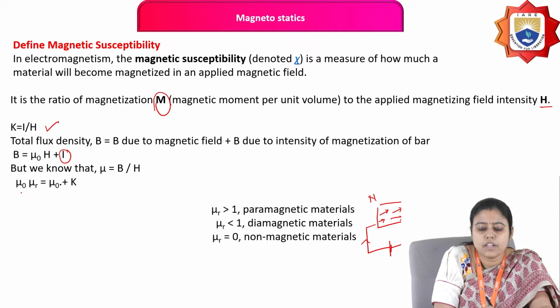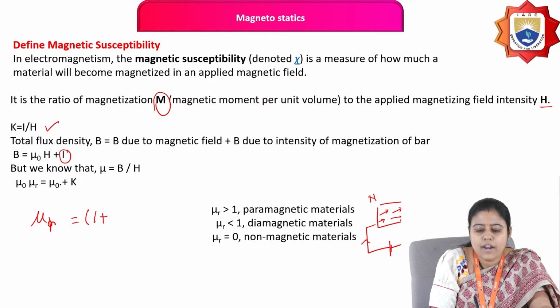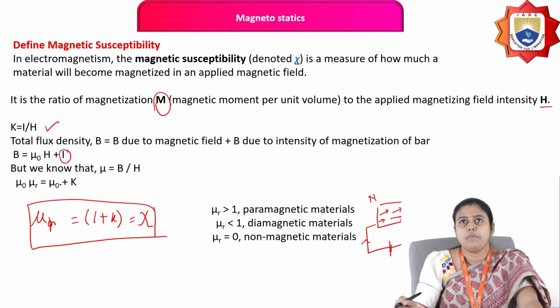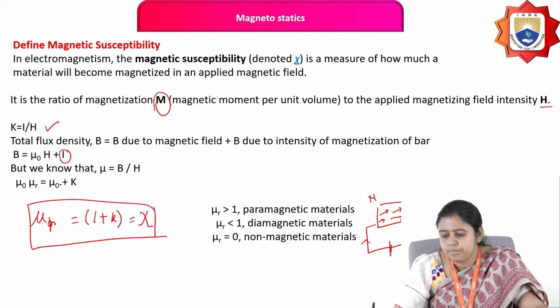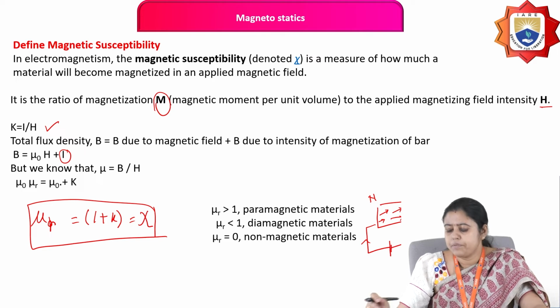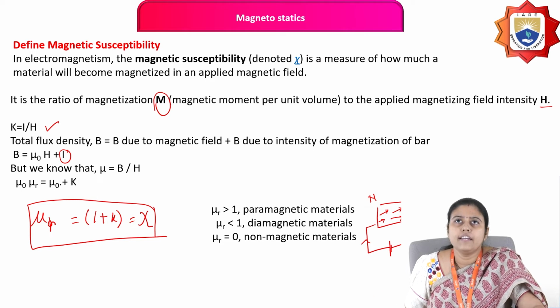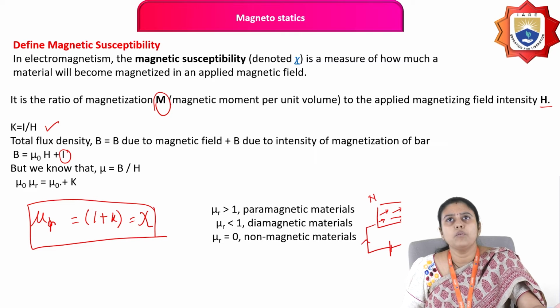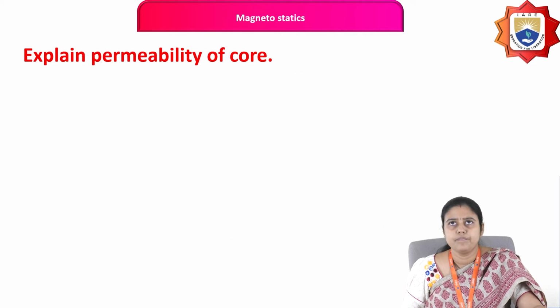So if we put the value, we will get mu r is equal to 1 plus K, and this K is known as Xi, or the magnetic susceptibility of the medium. So magnetic susceptibility gives the degree to which a material will become magnetized.